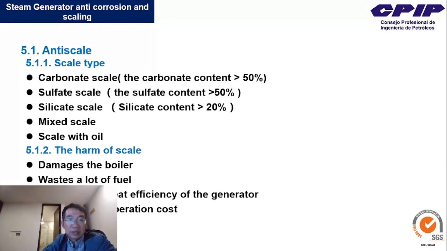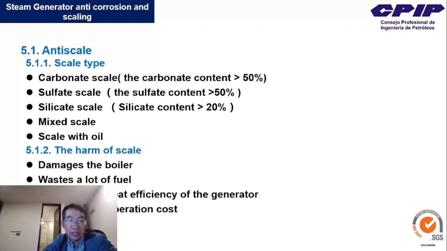Scale types: carbonate scale, where the carbonate content is above 50%; sulfate scale, where the sulfate content is above 50%; silicate scale, where the silicate content is above 20%; and mixed scale, scale with oil.